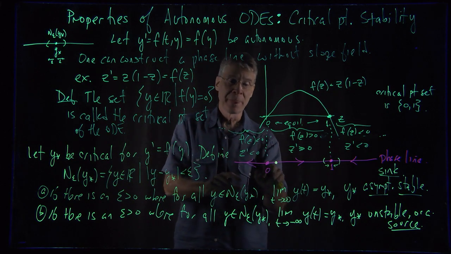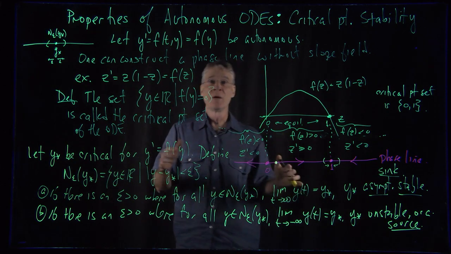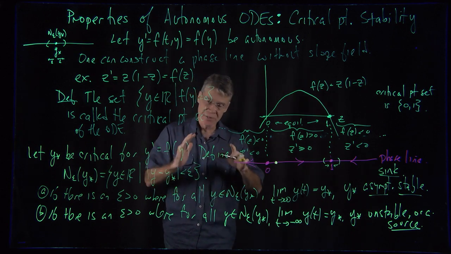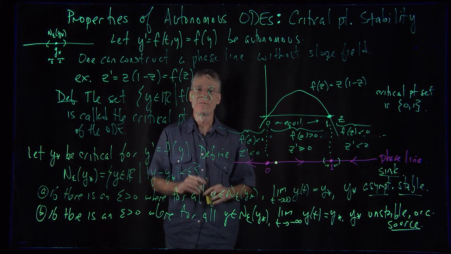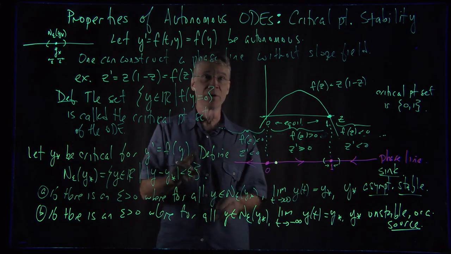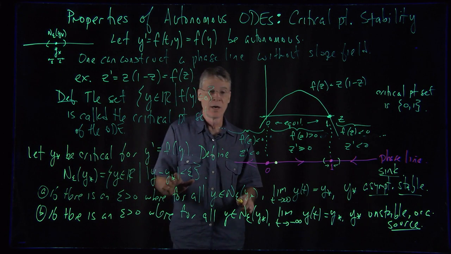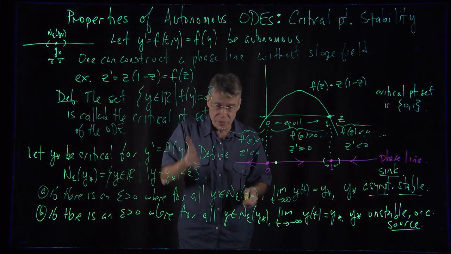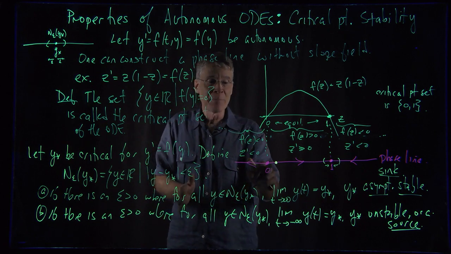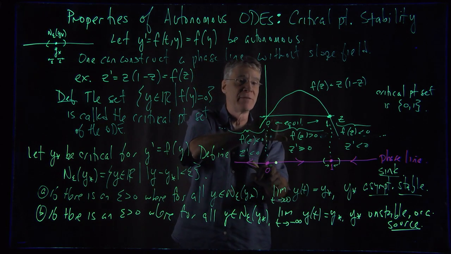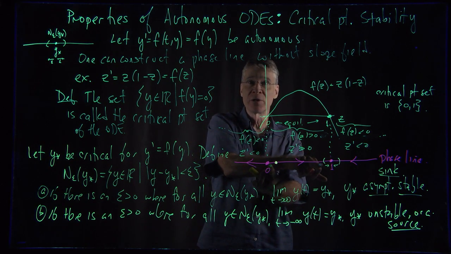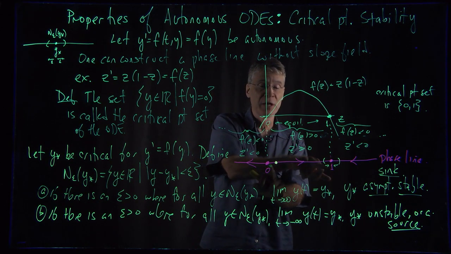If we look at 0, if I start my solution perfectly at 0, I will stay at 0 forever. But if I start my solution at any number that's not 0, no matter how close, say 0.00000001, at that point I have a positive f here. I'm moving away, even if slowly at first. Eventually I'll head to 1.